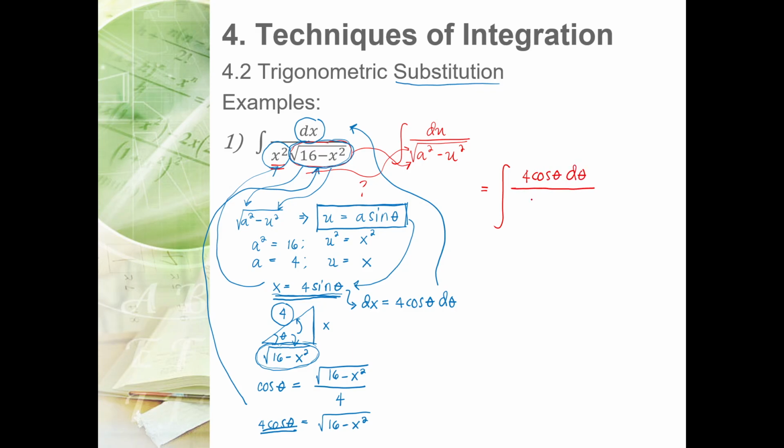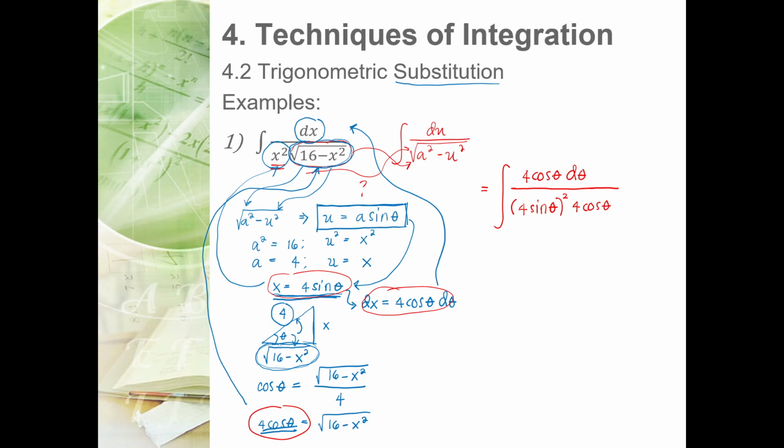Denominator, starting with x squared, that will be 4 sine theta squared. And lastly, the square root of 16 minus x squared, which is this one, so we have 4 cosine theta.